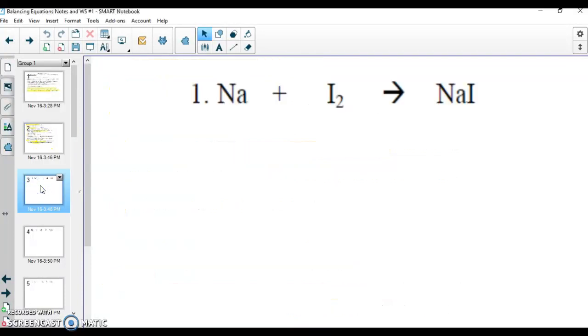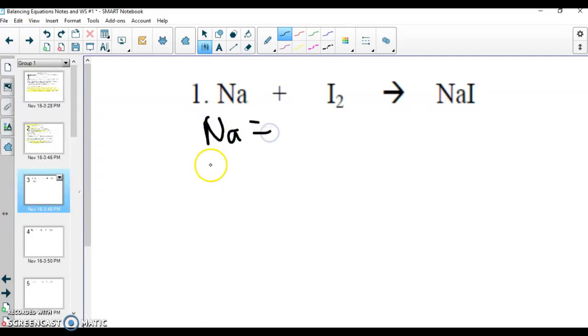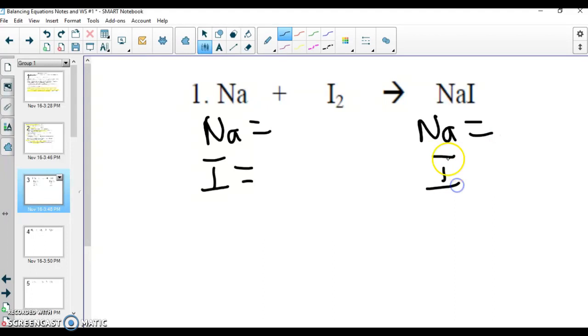So here's the first problem. Sodium plus I2 yields NaI. So the first thing I'm going to do is you're going to list the chemical symbols, sodium and iodine, sodium and iodine on either side.